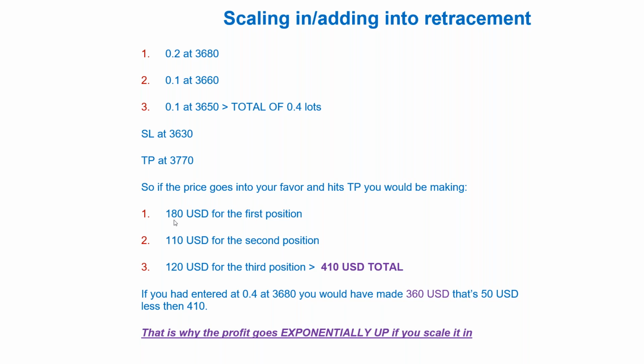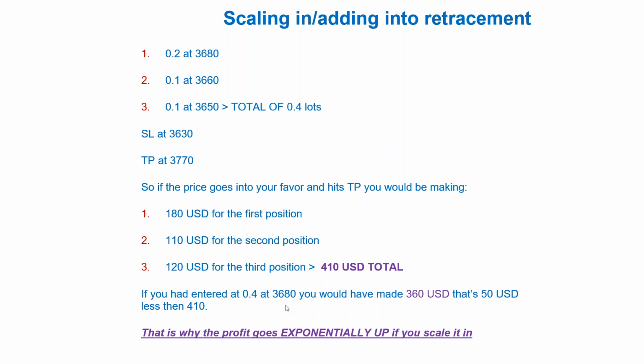So we would have made like $410 total. If you enter at 0.4 at 36.80, you would have made $360. That's $50 less than 410. So this is the reason why the profit goes exponentially up if you scale in. This is very, very important.